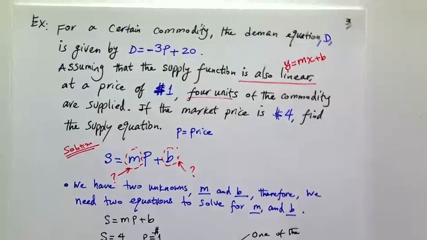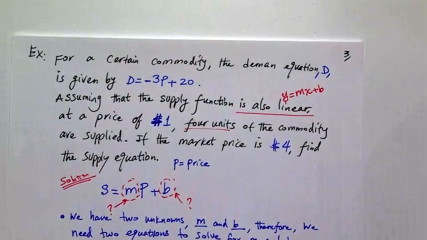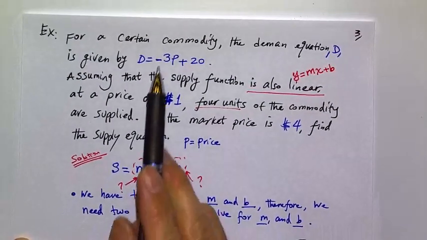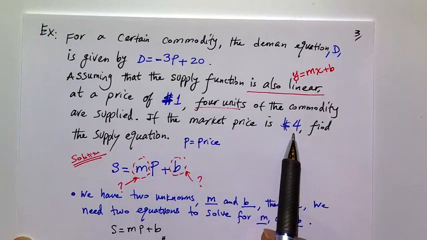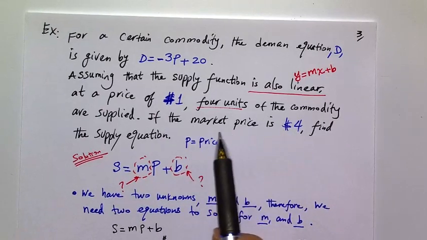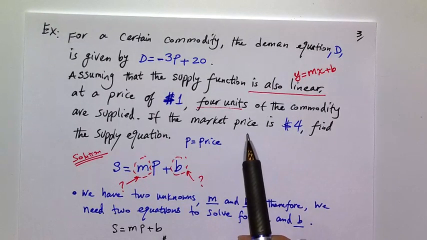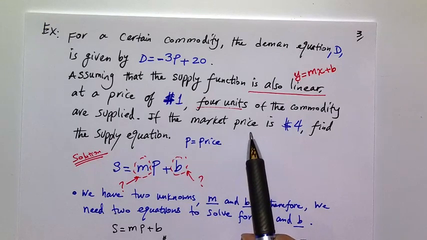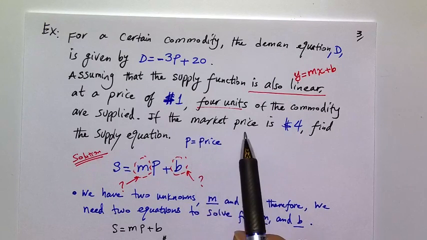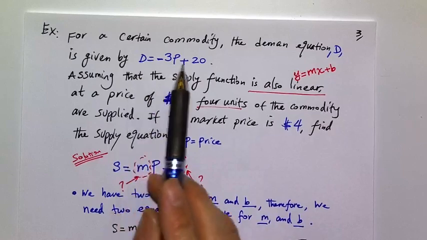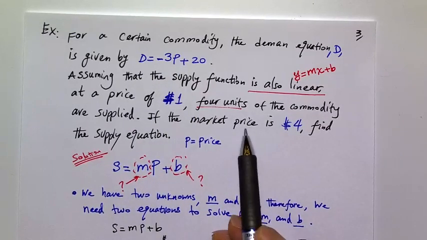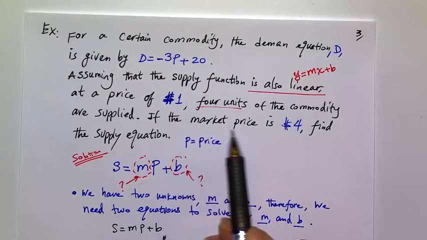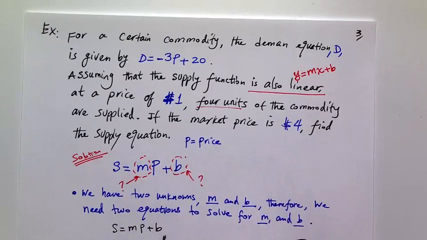So we need to look for another one. Now, they also gave us a demand function right here. And then later they say if the market price is $4, remember what the definition of a market price was, just a few minutes ago, on the previous slide. Market price is a price at which the demand equals the supply. And so they say if the market price is that much, find the supply equation.